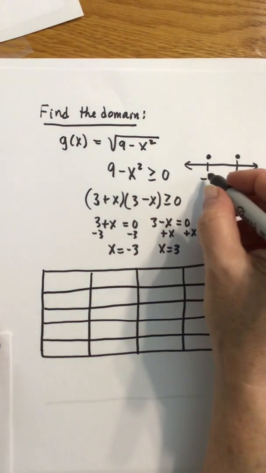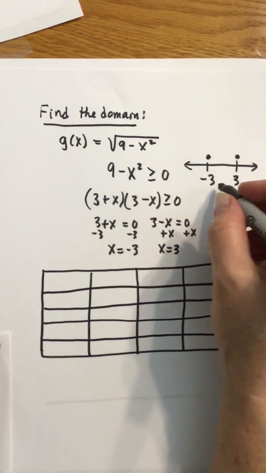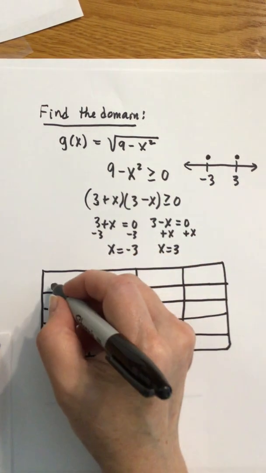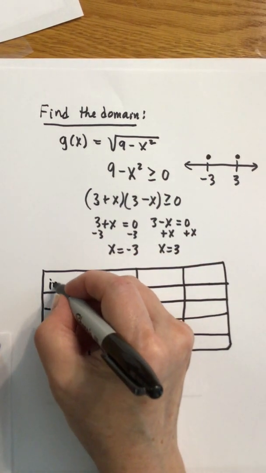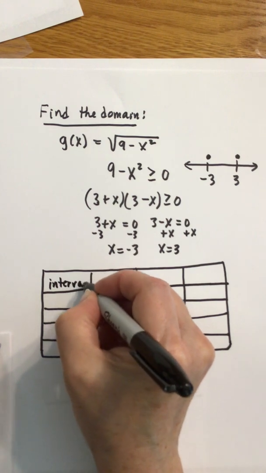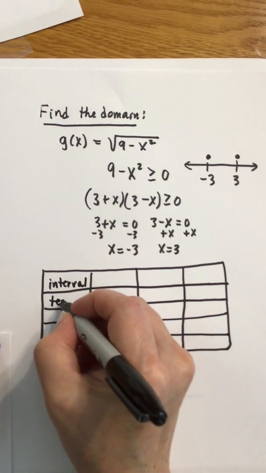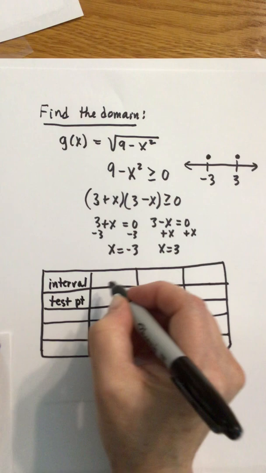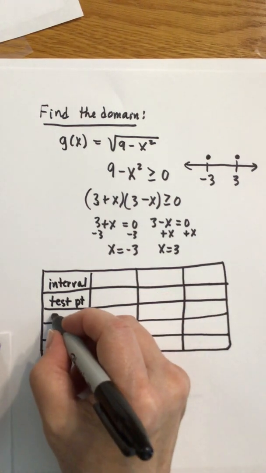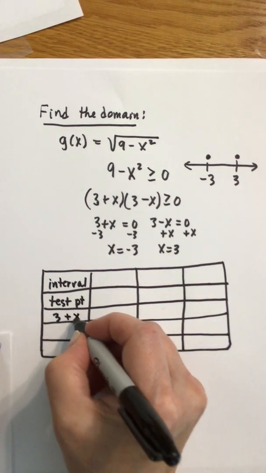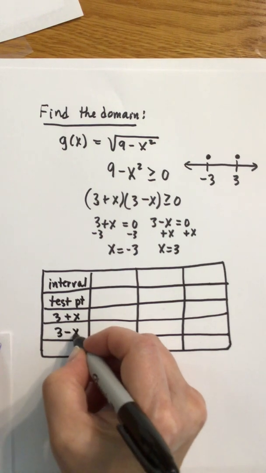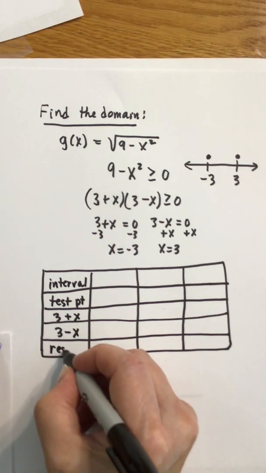So our boundaries are determined by our number line. So we have our name of our interval here. We have test points. Then our factors. And then our result.